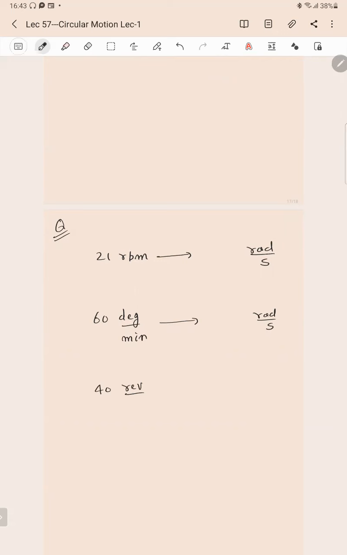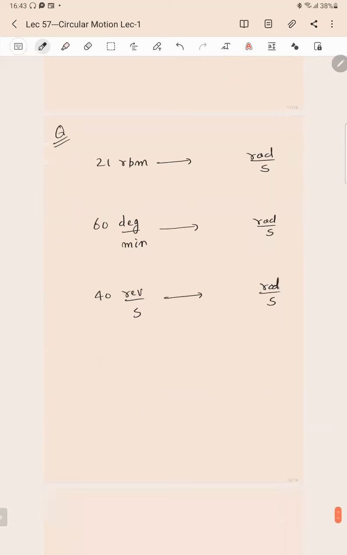Forty revolution per second. I want the answer in radian per second. And I've got 3 pi by 2 radian per second. I want the answer in RPM.